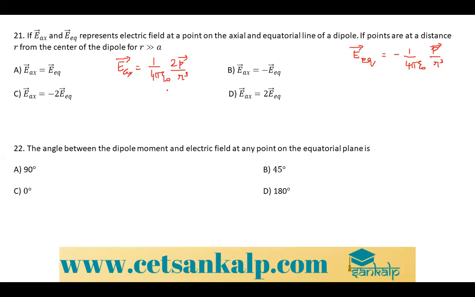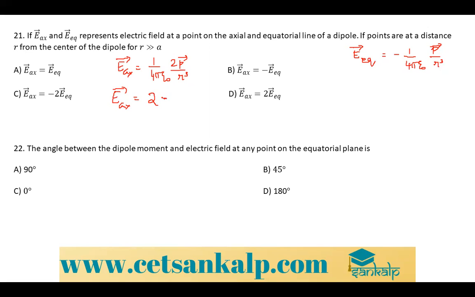Now using this relation I can write E axial is equal to, I am going to keep 2 as it is, 1 by 4 pi epsilon naught p by r cube.